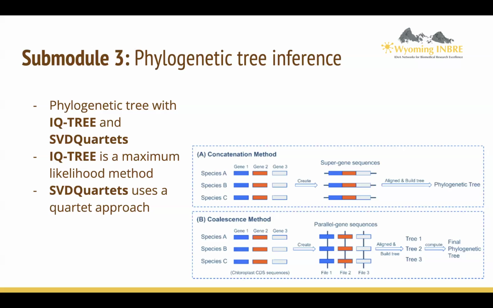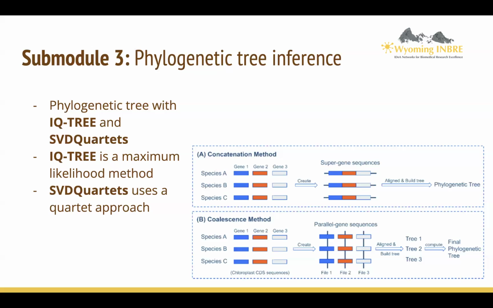IQ-TREE 2 is a concatenation-based method, and it works by combining all of the loci into a single supermatrix and then inferring a tree based on that combined data set using maximum likelihood.